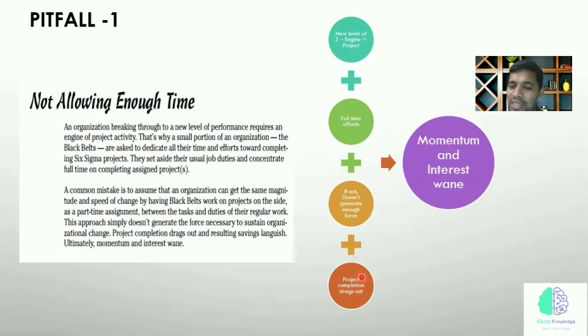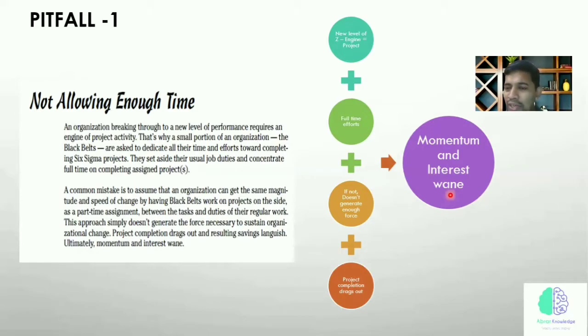So this is the risk. And more importantly, when we tighten up with a very extreme target and do not allow enough time, the momentum and interest will have waned. So that's something we need to be watchful about.